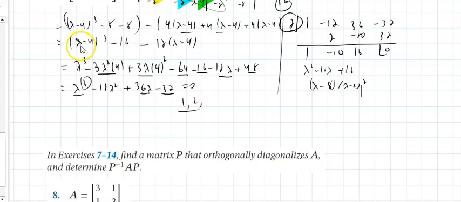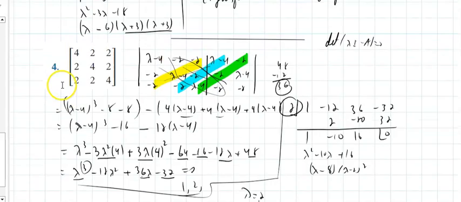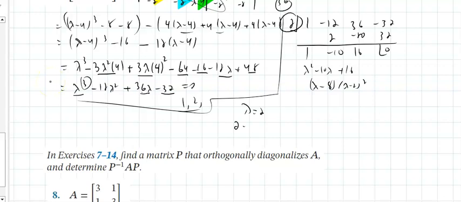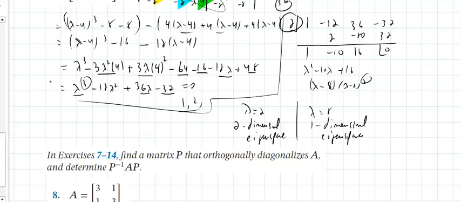By inspection, lambda equal 2 will yield a two-dimensional eigenspace because it has a multiplicity of 2, and lambda equal 8 will be a one-dimensional eigenspace. You could find them if you wish.